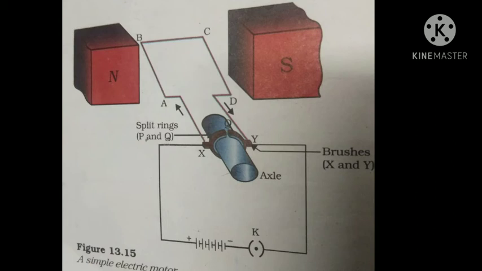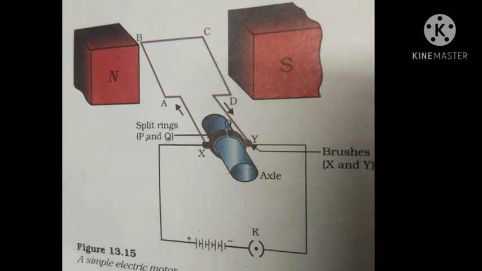Notice that the current in arm AB of the coil flows from A to B, and in the arm CD it flows from C to D, that is, opposite to the direction of the current through arm AB.